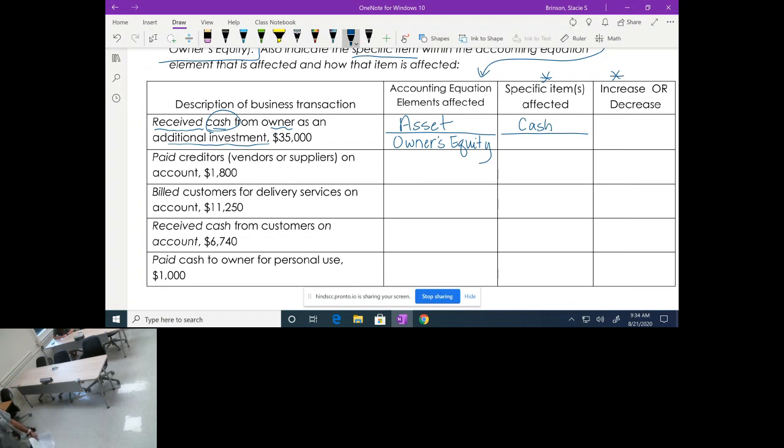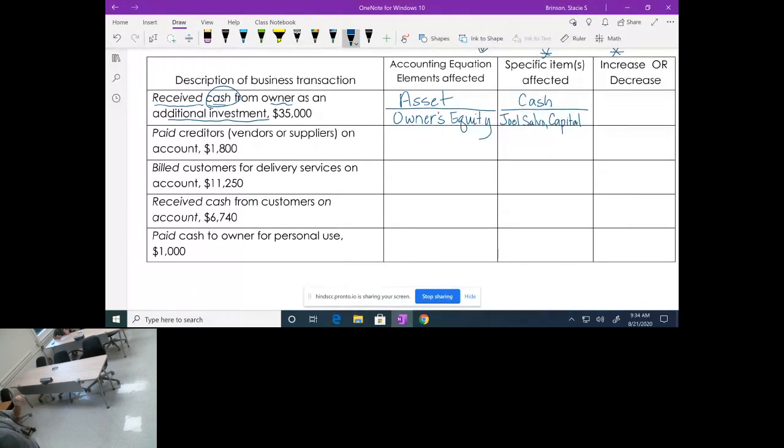That's the specific name of his owner's equity account. Does that make sense? Owner's equity is like a category. Assets is like a category. I've used this example before. We have guys and girls in here. Three are males, three are females. But you are Megan.